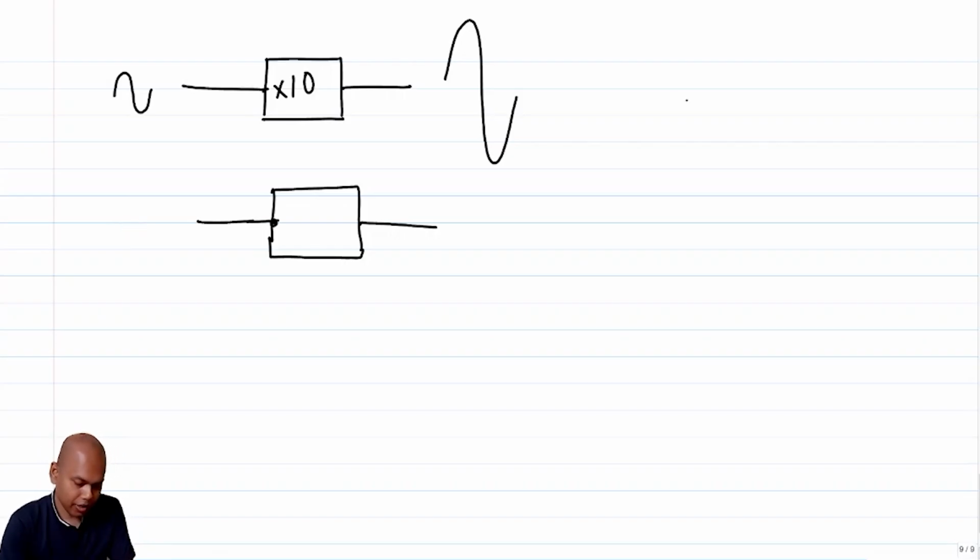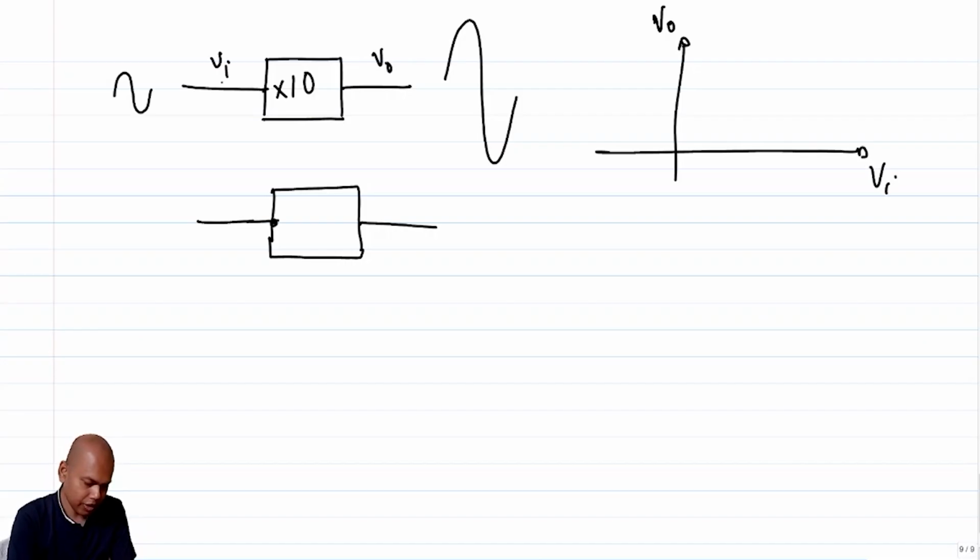So if your amplifier is such that it's V0 over Vi. Now note that nothing is time in this case. Your V0 over Vi characteristic is not a straight line. It's not a straight line. It goes something like this.